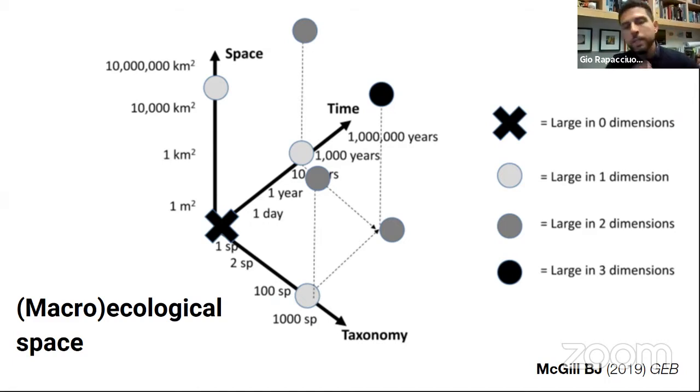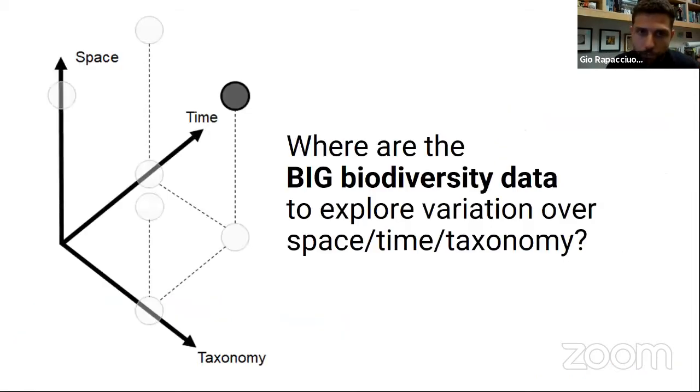The reason that we need to be big in at least some of these dimensions is that it will allow us to explore the full range of environmental variability that biological systems have ever experienced across the whole world and throughout history. And this will enable us to derive general conclusions about how environmental change influences biological systems.